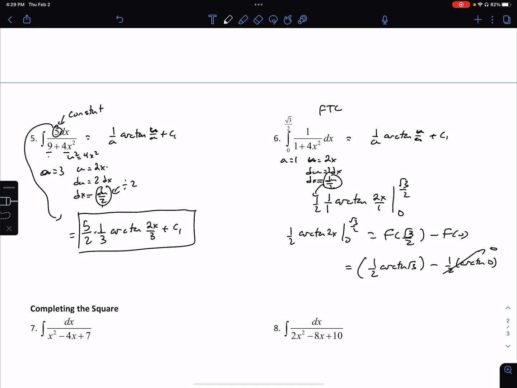Well, that's just 0, so that's nice. So we're left with 1/2 the arctangent of root 3. And where's tangent root 3? That is at pi over, what's that, pi over 3? So we should get pi over 6. Hopefully I did my trig value right. I'm sure he'll video comment about that.